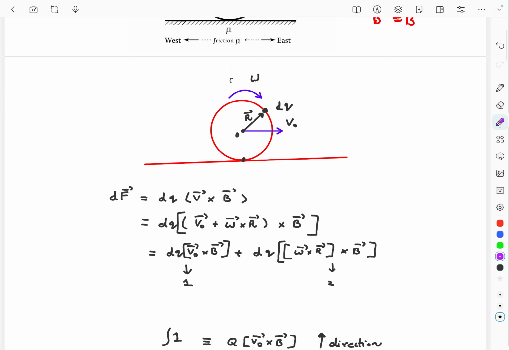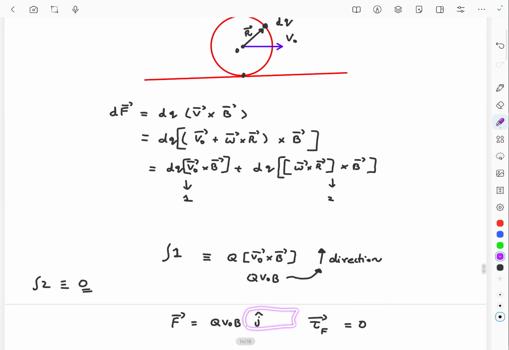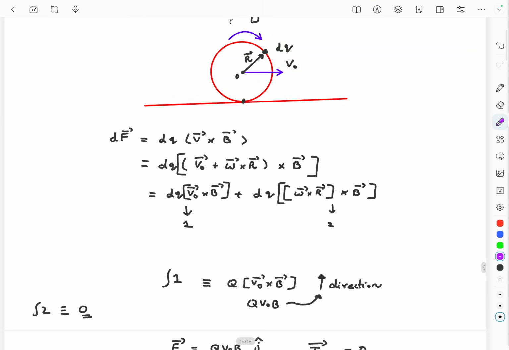Once we integrate it, the first term just becomes q v naught vector cross b vector, because v naught vector cross b vector is a constant vector, right? And if you do the cross product, this is that same term which we figured out using the transformation of field idea, which is q v naught b in the upward direction. And the second integral is just 0.